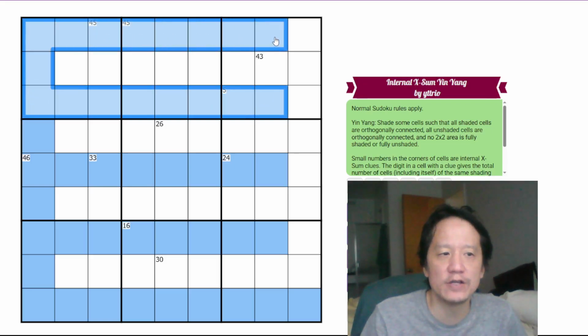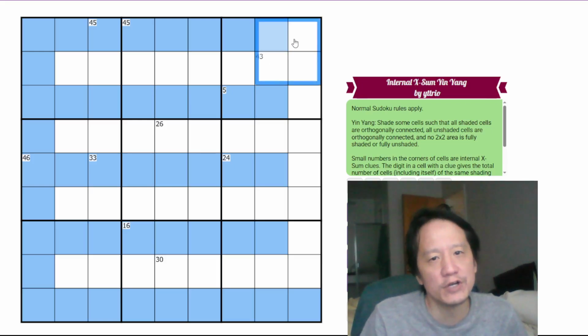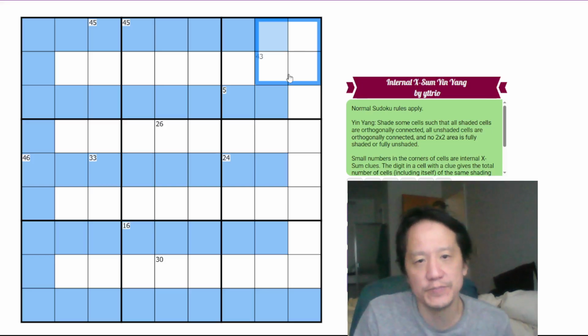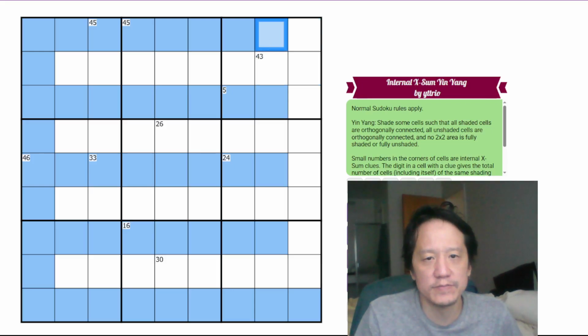So this is a valid example of yin-yang shading, also because there is no 2x2 area that is fully shaded or fully unshaded. Or in other words, every 2x2 area has to have at least one shaded cell and one unshaded cell. So this works because of how that scenario works.